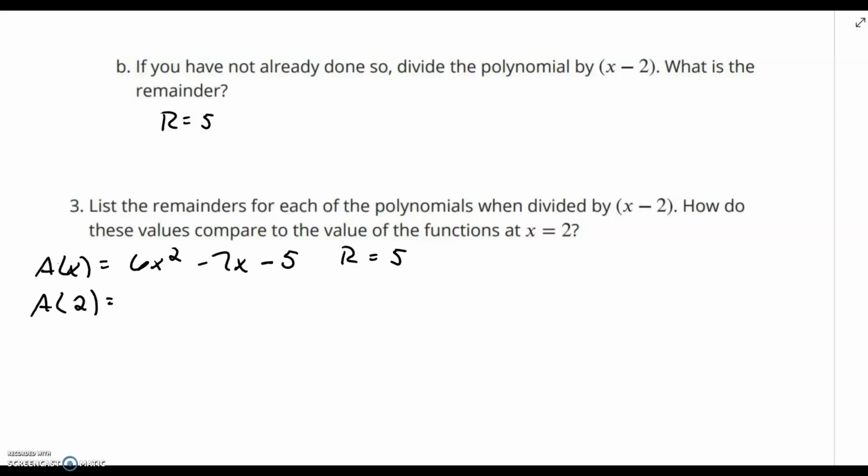Well, I just plug 2 in for all the x's. Minus 7 times 2 minus 5. And this is something that we had already talked about, so this is just more of a make sure we prove it to you. 2 squared is 4, so this is going to become 6 times 4.